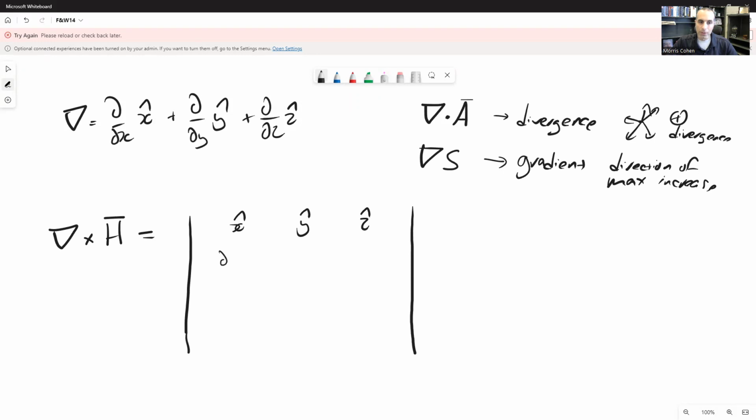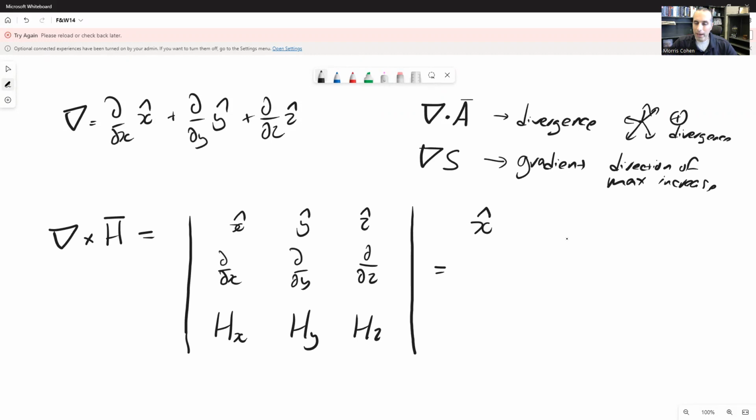So this is going to be d/dx, d/dy, and d/dz. And in the third row, we're going to put the three components of H. So that would be the x component of H, the y component of H, and the z component of H. And we can calculate the determinant of this. If you don't have it memorized, you can certainly look it up.